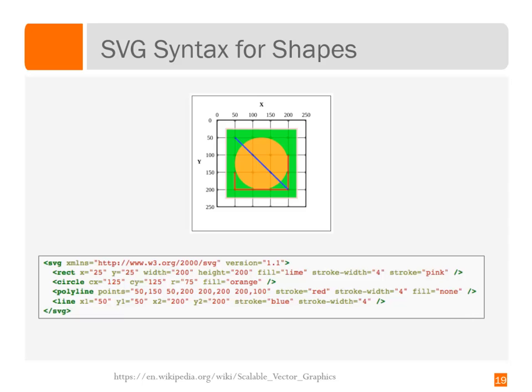And so we've now provided a specification for that line from 50, 50 to 200, 200. When we provide the stroke color of blue, it now creates a blue line with a stroke width of 4. Okay? So this is a good overview of each of the different shapes we can create in SVG.